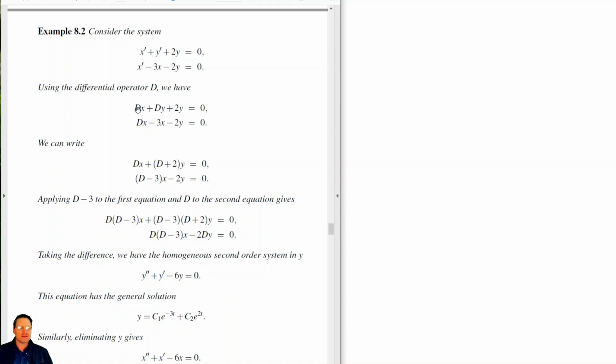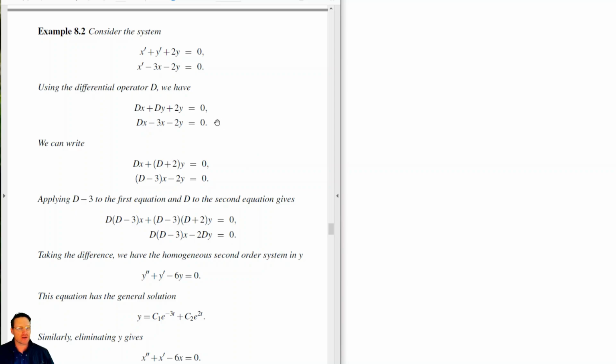So the differential operator d/dt in this case operates on x, and that gives us x'. So we just put a D in front of the x. Likewise, for dy/dt, we just put D, then y. Okay, and we still have the rest of this. So we can write this as if we're factorizing out an algebraic expression.